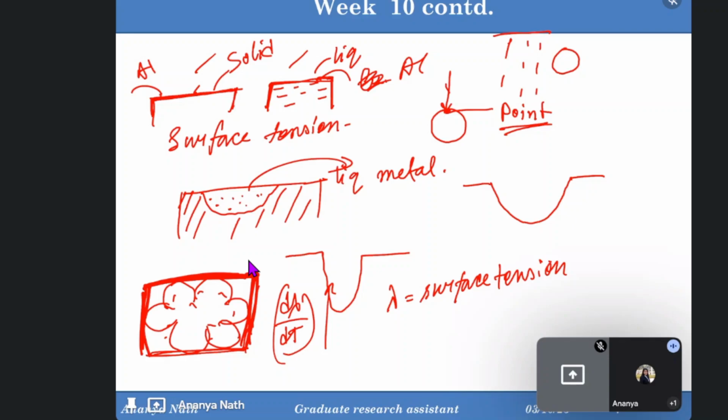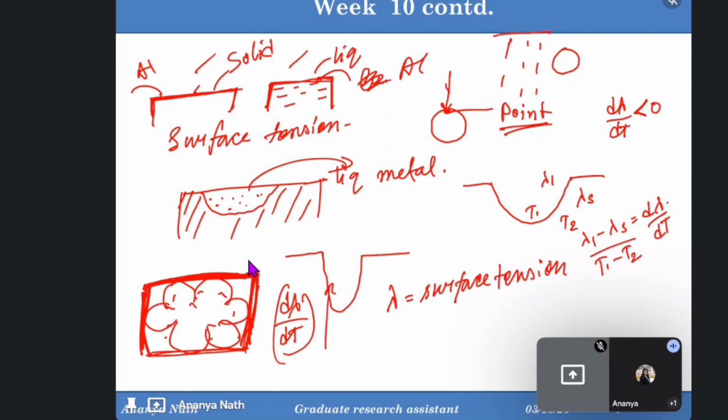The next thing is, now if this d lambda by dt is less than 0, it means this liquid has one lambda and this solid has another lambda. So this is d lambda. There is already a temperature difference. This liquid has temperature T1, this one has temperature T2. So T1 minus T2 is equal to dt.